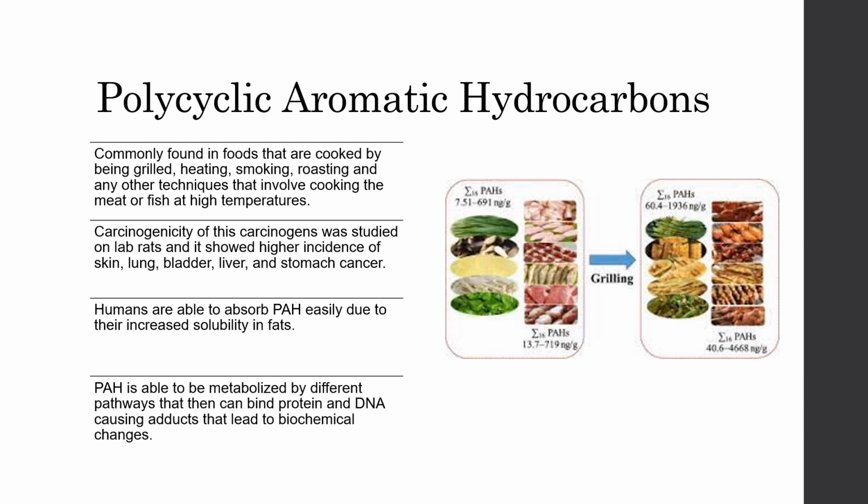Based on this article, the reason PAH can be so mutagenic and carcinogenic is that PAH is metabolized by different pathways that are able to bind protein and DNA, causing adducts that lead to biochemical changes. In the picture to the right, we can observe how the amount of PAH concentrated in food increases when the food item is grilled.